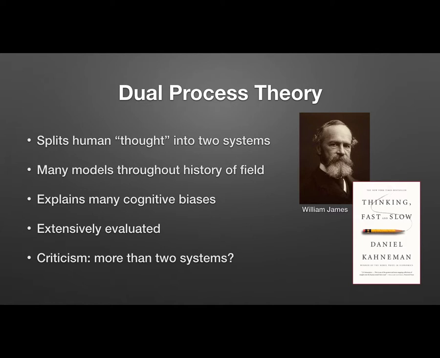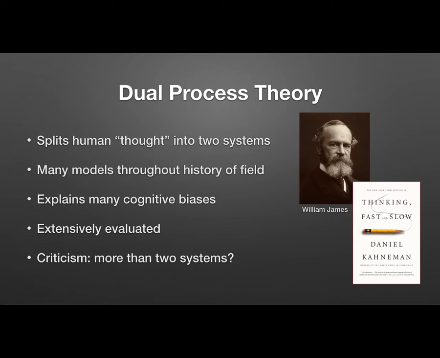It's something that kind of explains a lot of the biases that we observe people have, things like stereotypes. A lot of the mistakes that people make in certain situations can be traced back to dual process theory. There's been a lot of evaluation of this idea, whether that's through neuroscience or cognitive psychology.